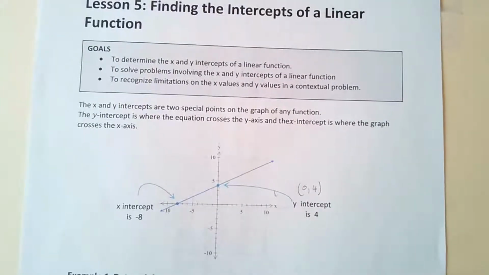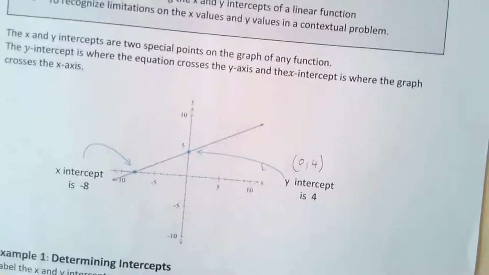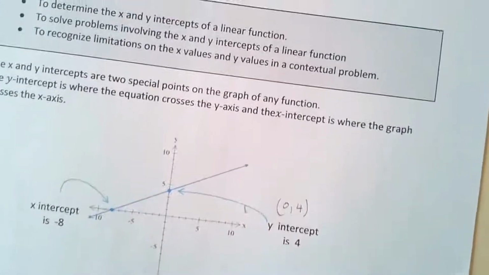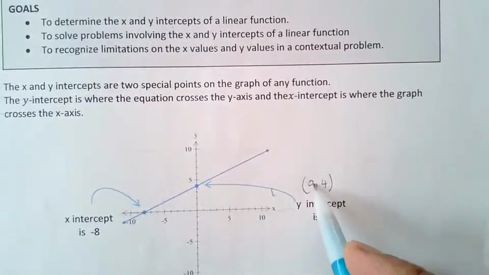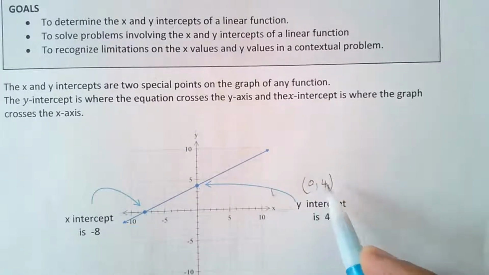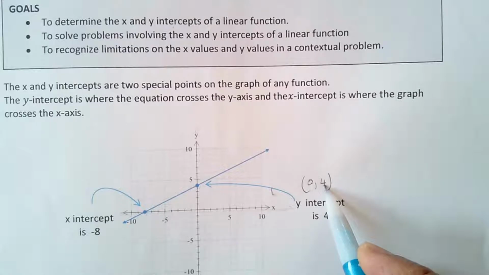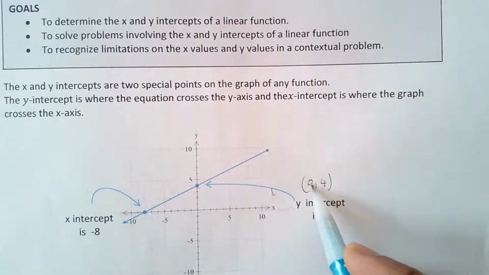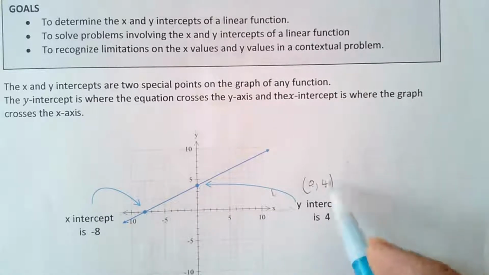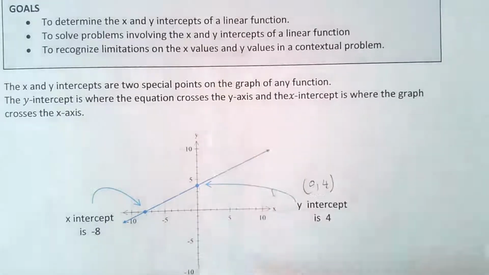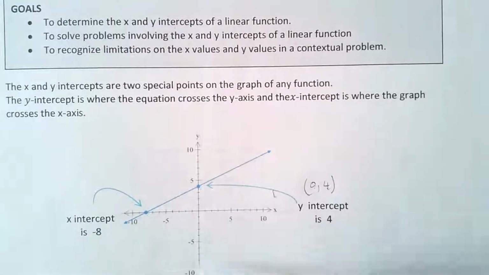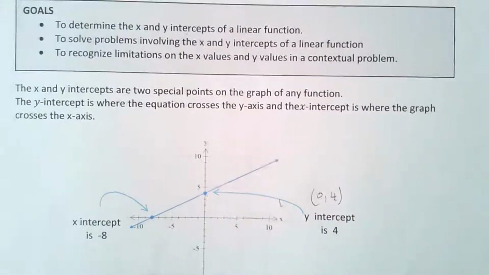So when we are referring to the y-intercept, we're basically saying find the value for x, which is 0 here, and the y value is your y-intercept. So anywhere on the y-axis is referred to as your y-intercept.